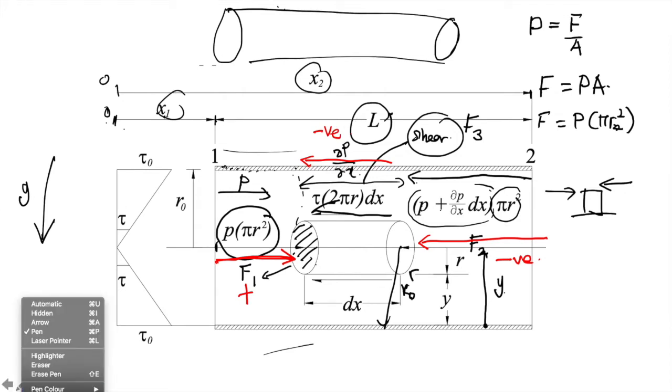So we put the directions of these F, and we have already identified negative or positive values. F1 is a positive value, F2 is a negative value, F3 is a negative value.